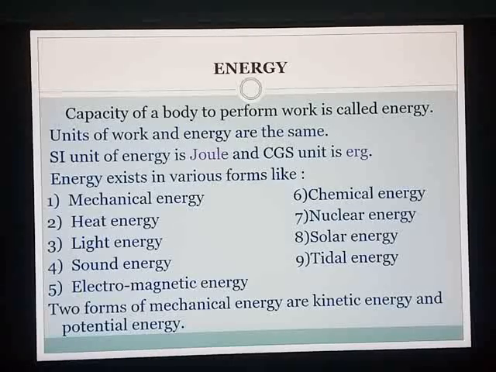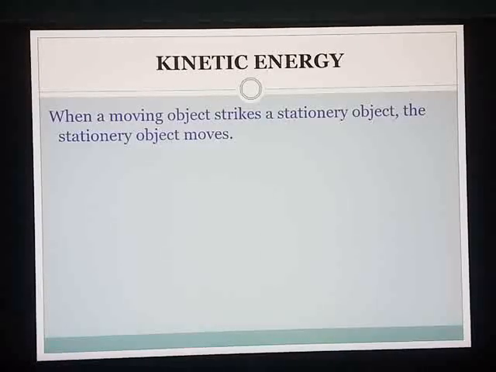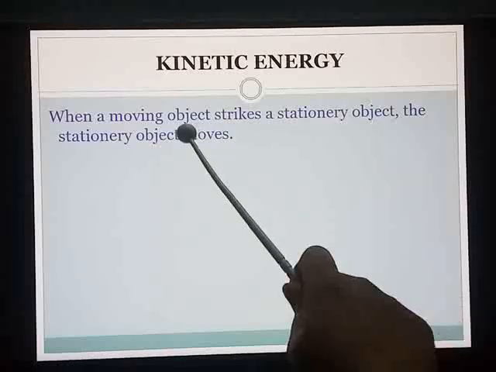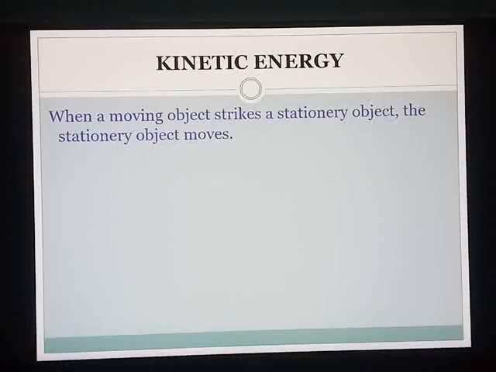Before discussing what kinetic energy is, one by one we are going to see the examples, and then we will derive what kinetic energy actually is. So our first example is when a moving object strikes a stationary object, the stationary object moves.